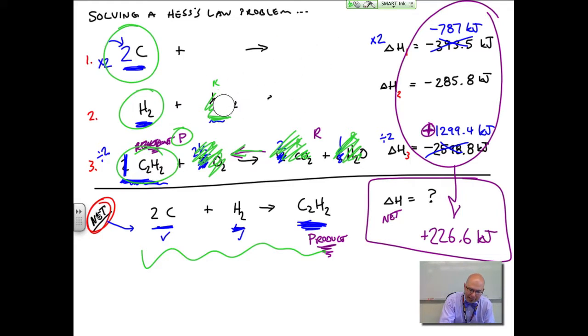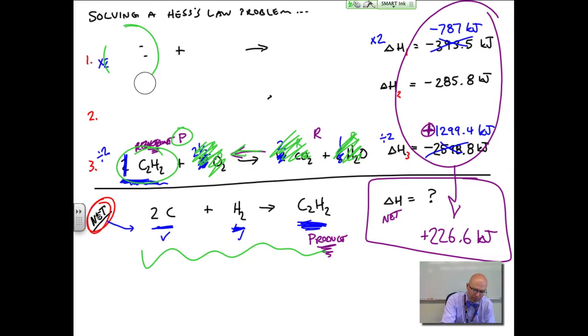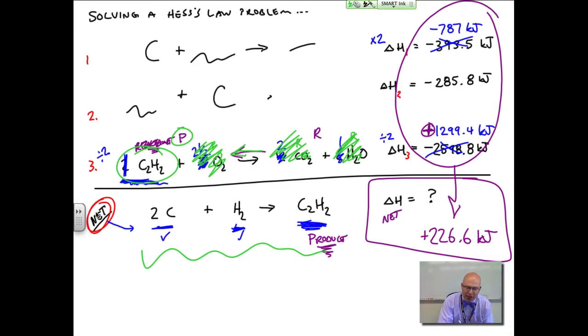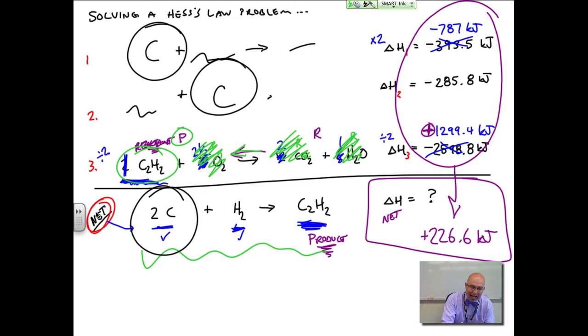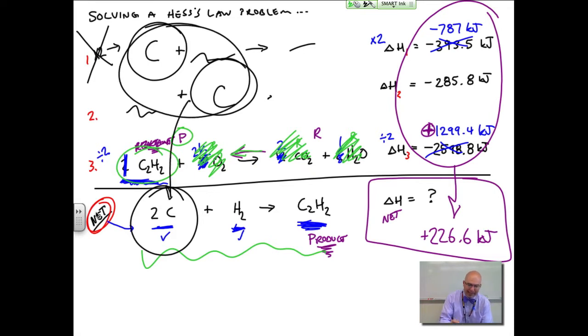Let's say that in the first equation we have a carbon, and in the second equation I've got some other things, and I have another carbon. And my net says I need 2. If I have 1 and 1 on the reactant side, I do not need to multiply by a factor because I've got 2 on the reactant side, and that would give me that. It wasn't that way in this situation, but just be aware of that.